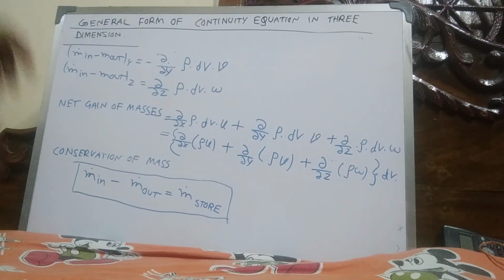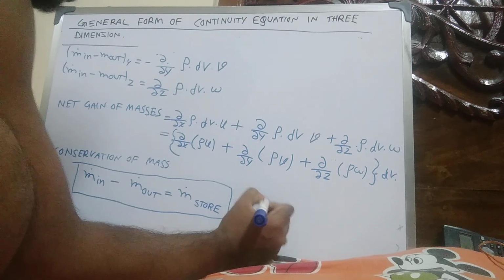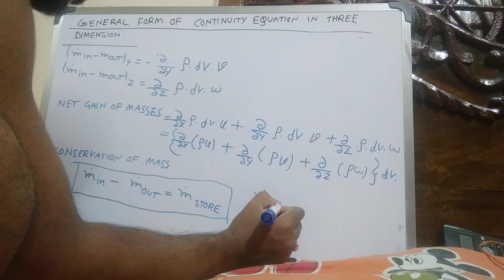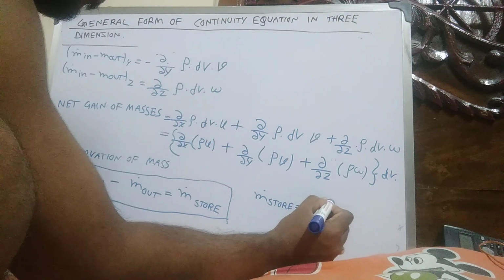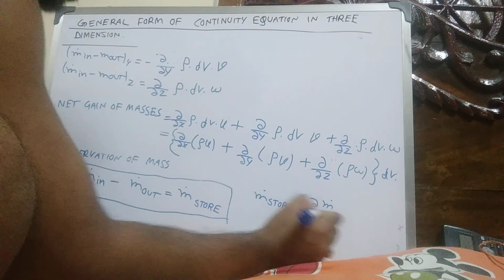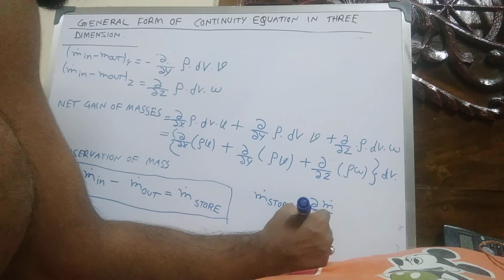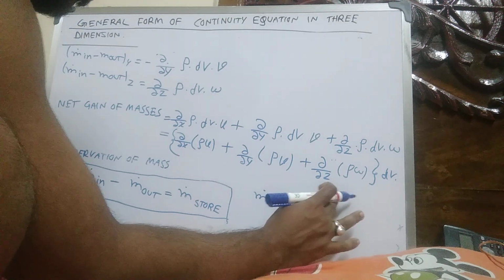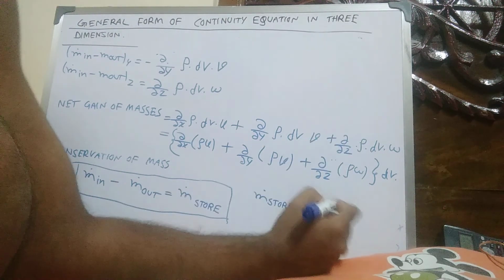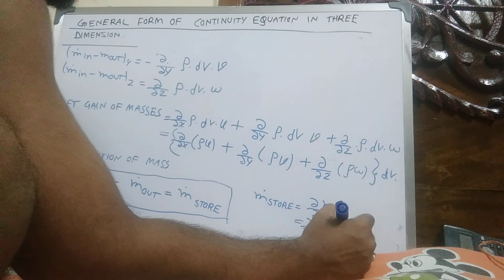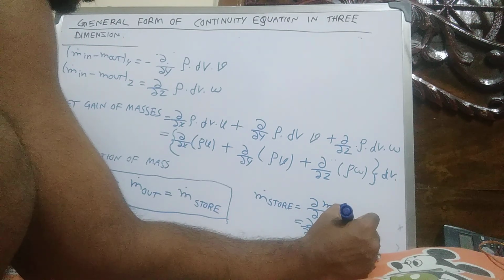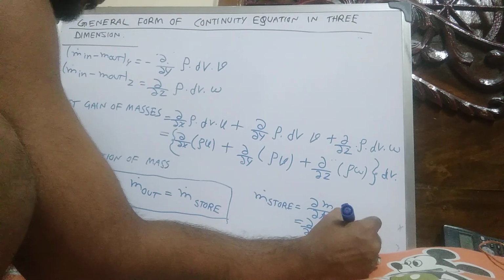So m stored equals dm by dt, and dm equals rho into volume, where the volume is this element dv.